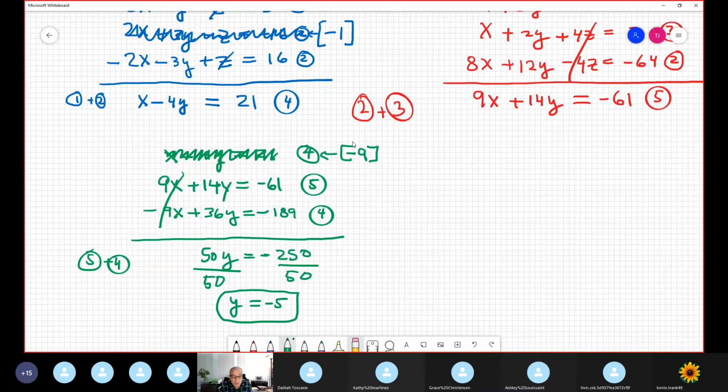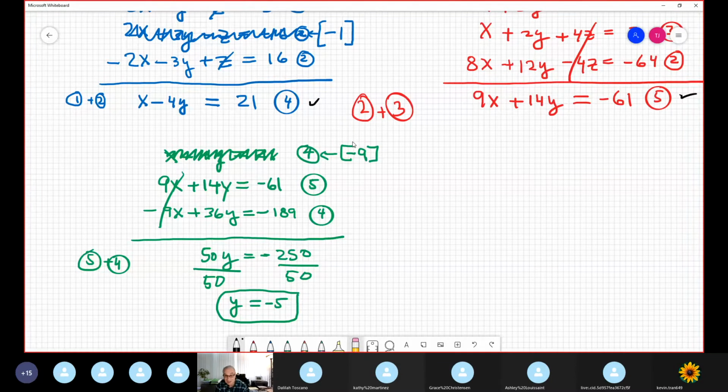Therefore, this is back substitution. You replace y in the equation and solve for the other variable. In this case, I go back to equation 4 or equation 5, which contain only two variables.